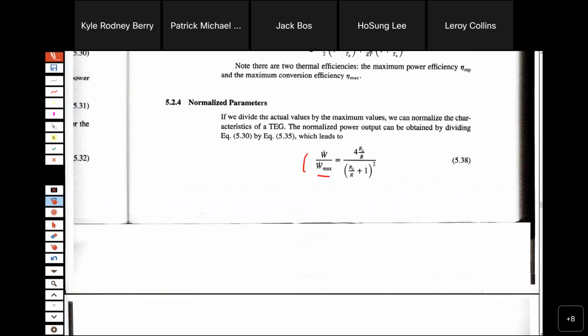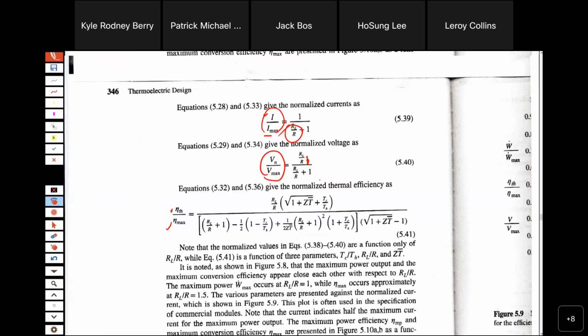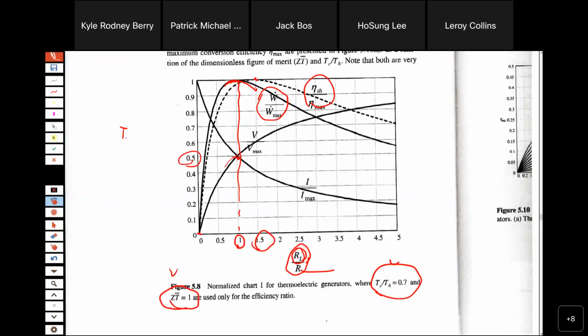Power is only RL over R. Wow. This is ideal again. Ideal equations we used. So we assumed, not realistic, but ideal. Okay.